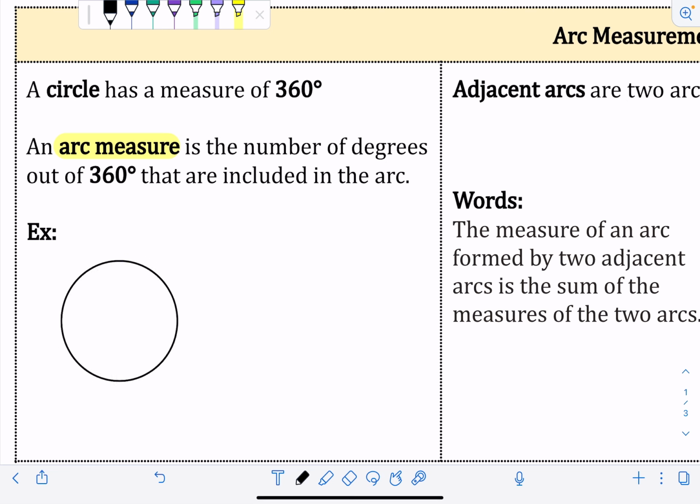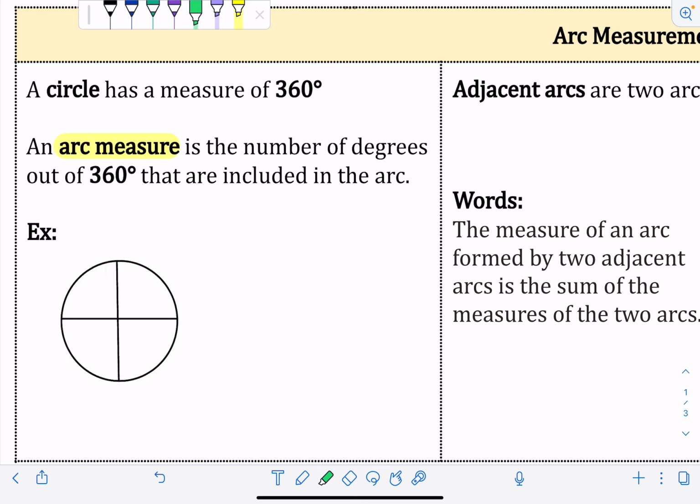I keep using a pizza reference because we use circles, but let's say this is a pizza and we have to cut it ourselves and we're super hungry, so we're only going to cut it into fourths. All the way around the pizza is a full circle, so it's 360 degrees.